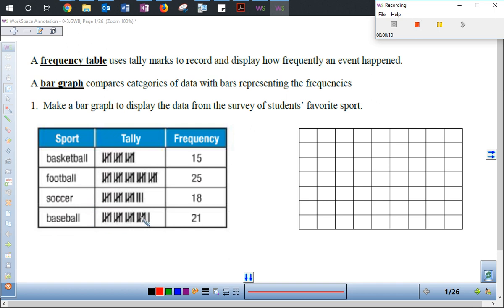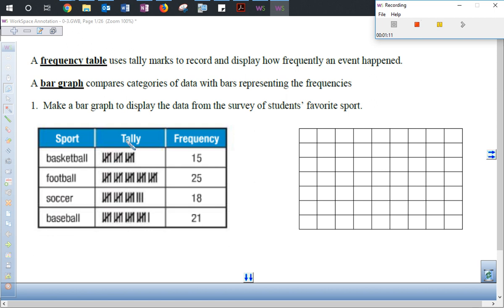The second column is a tally column. So this is kind of like their scratch work here. Anytime someone said basketball was their favorite sport, they came and put a tally mark here. Now, the third column is a frequency column, and what the frequency column is about is they took the work from the tally column and made it easy to read.